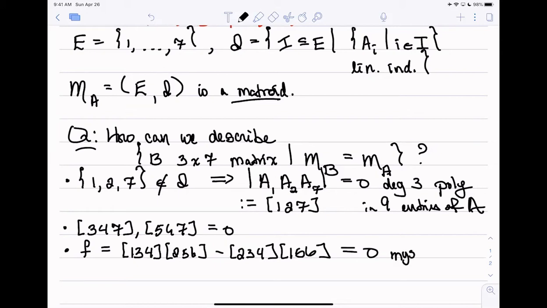So this one, at least right now, at this point in the talk, should be a little mysterious to you. You might say, well, what can I do to understand this polynomial better? Should I write it out? So I've sort of hidden what it is, right? But by writing it in terms of brackets, let's remember that this polynomial really has degree 6 in 18 entries of my matrix.